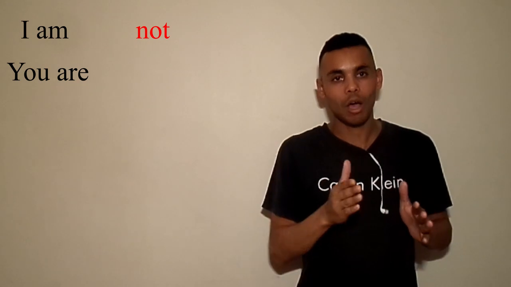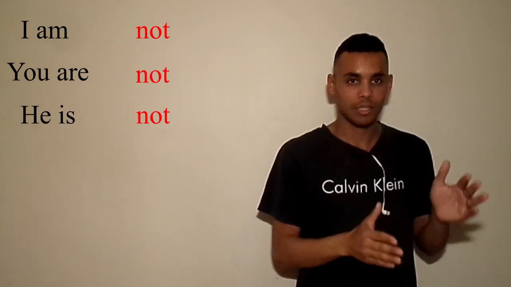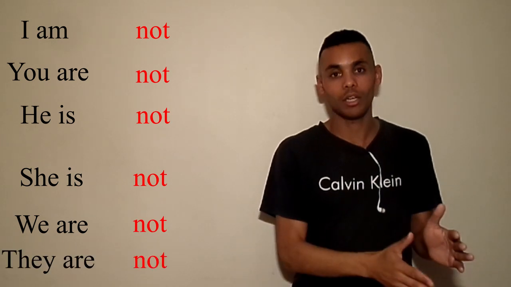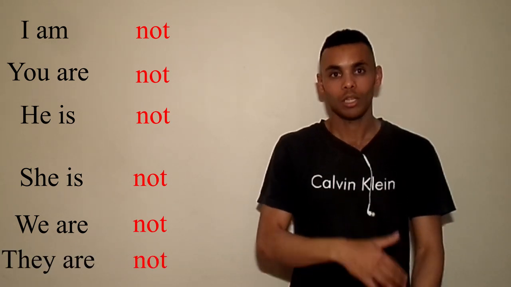So I am not, you are not, he is not, she is not, we are not, they are not. All the way down, not, not, not. So you have the negative form. So all you have to do is just add not after the verb to be.